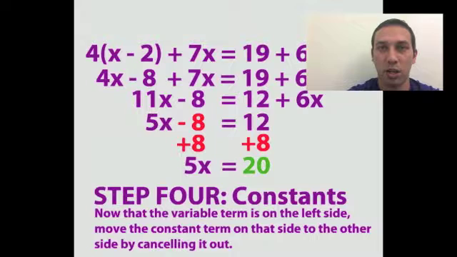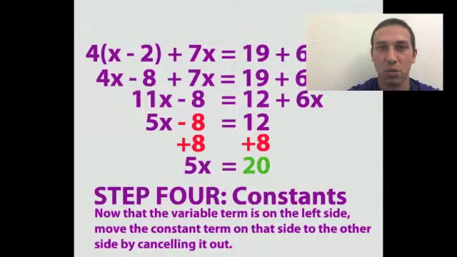We're going to move on now to moving the constant terms to the other side of the equation in step 4. In order to do this, just like we did with the variable, we're going to look at the side of the equation that already has our variable. If you chose to follow my example, that would be the left side of the equation.